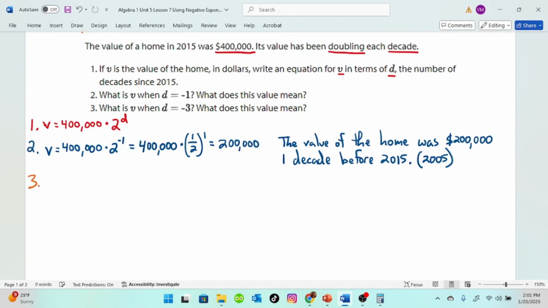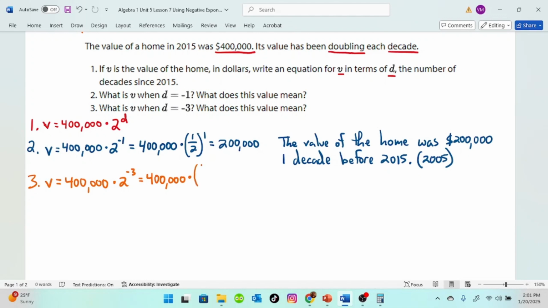Number 3. What is V when D equals negative 3? What does this value mean? Well, the value is 400,000 times 2 to the power of negative 3. Well, that negative tells me to make the growth factor its reciprocal.